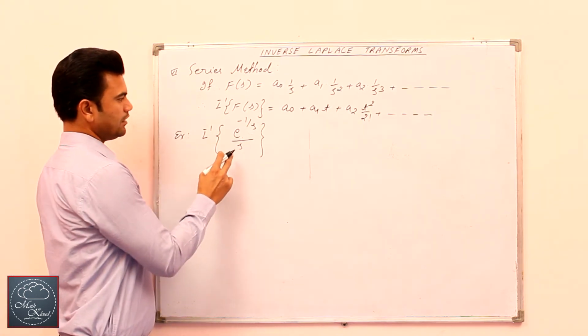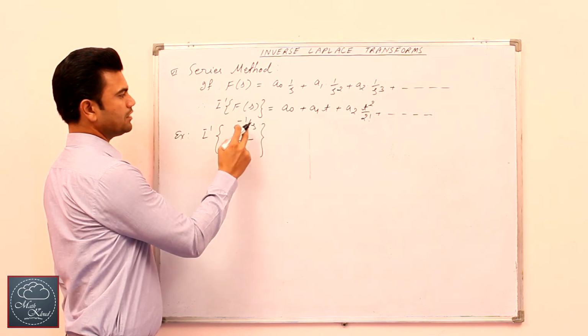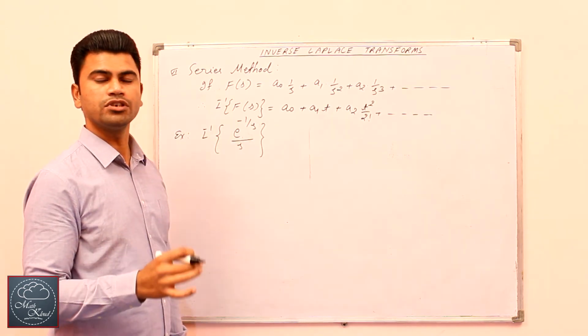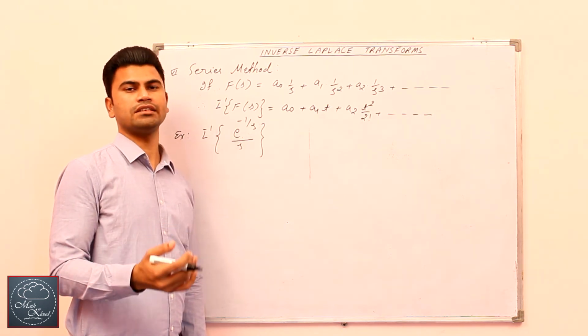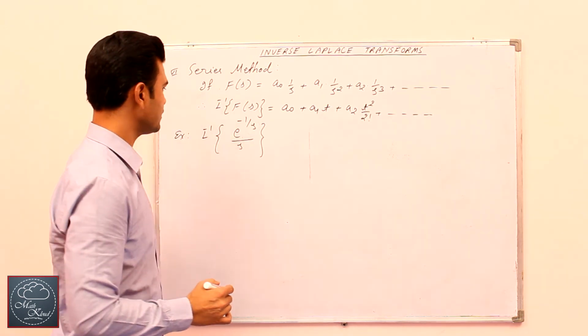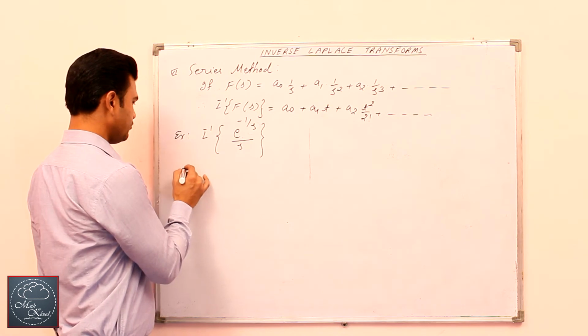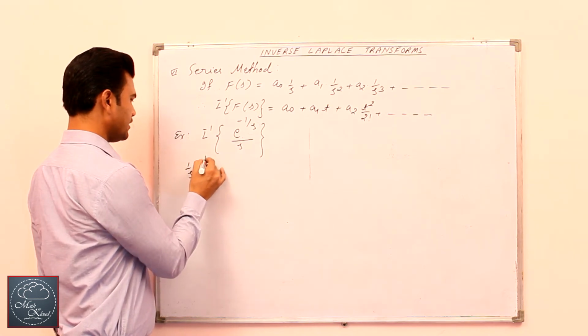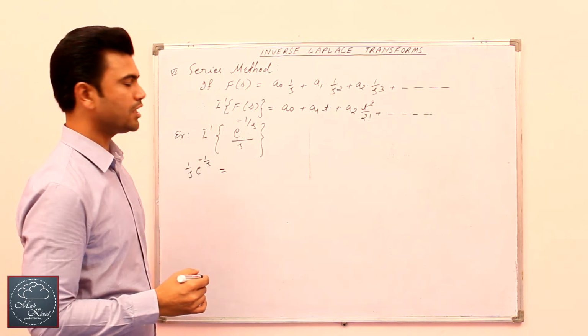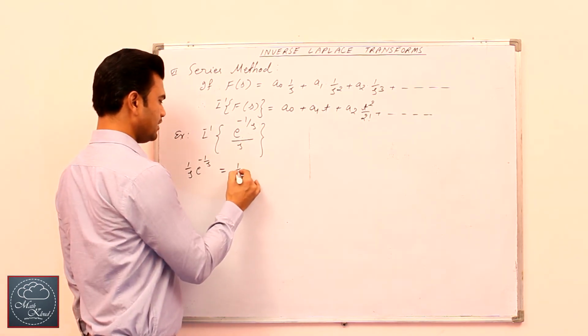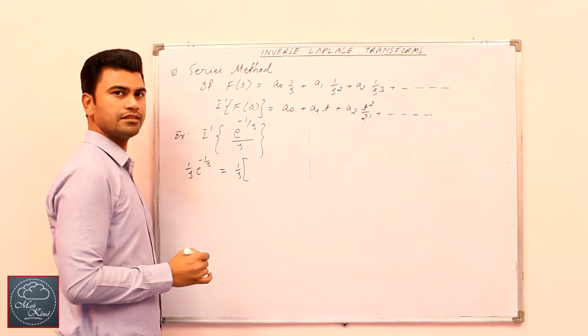So clearly here e to the power minus 1 by s is there, so I am going to use the Maclaurin series of e to the power x, or you can say e to the power minus x. So for that, if you use this series here, your function of s, 1 by s e to the power minus 1 by s, can be written as 1 by s as it is.